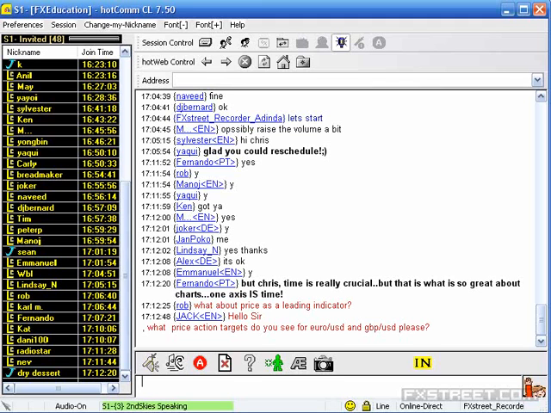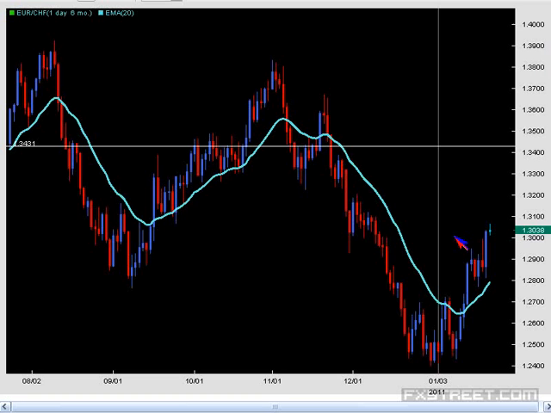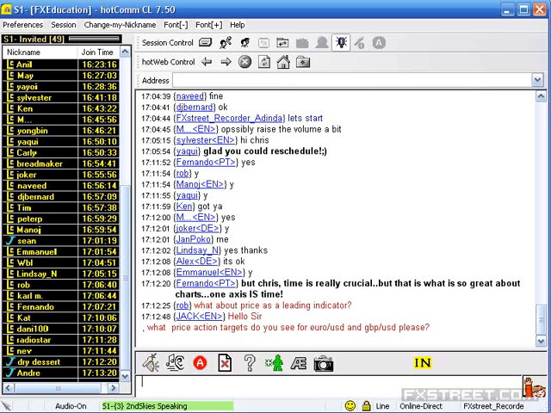Next question from Rob is, what about price as a leading indicator? Rob, just so I understand your question correctly, are you asking question A, is price a leading indicator? Or are you asking question B, what components of price action are a leading indicator?